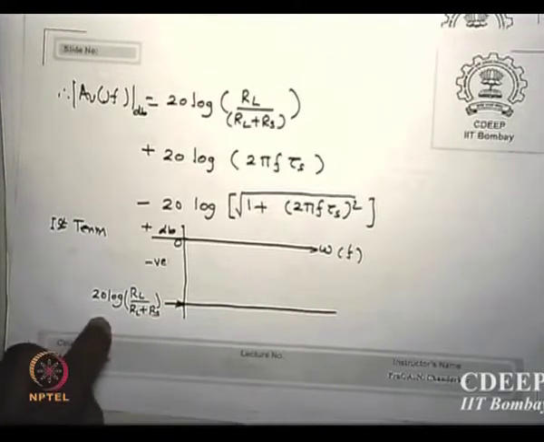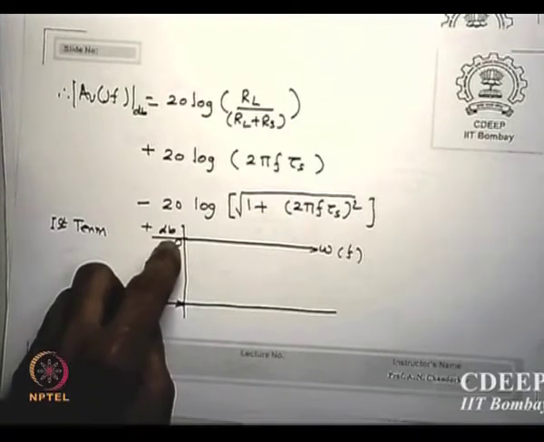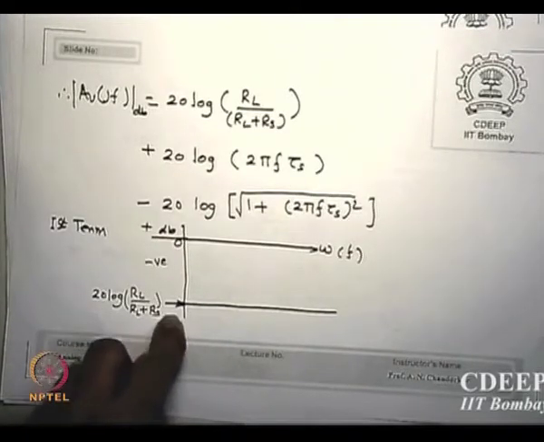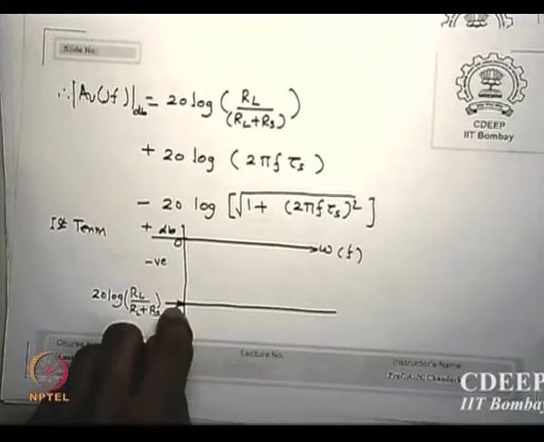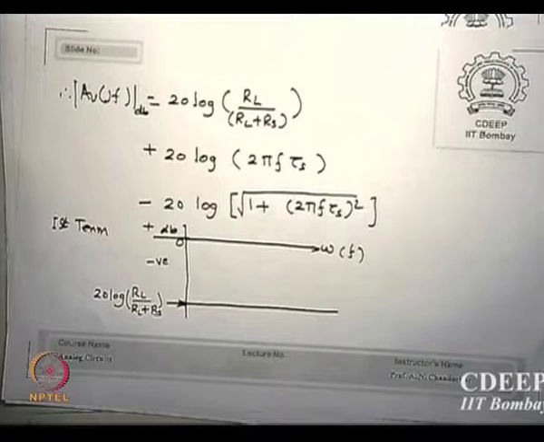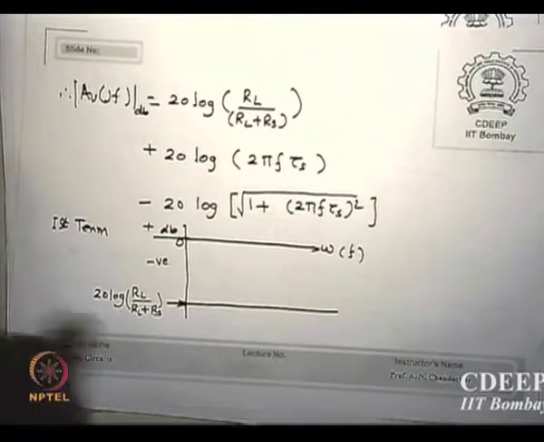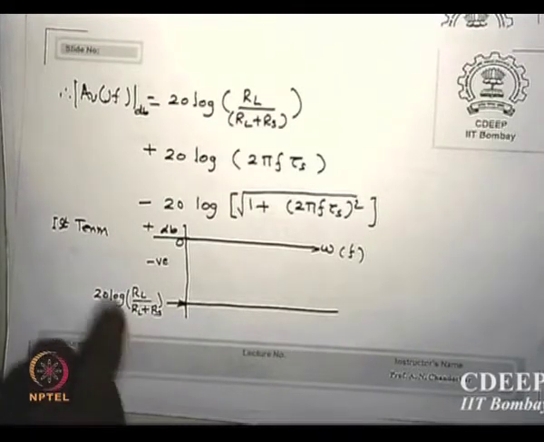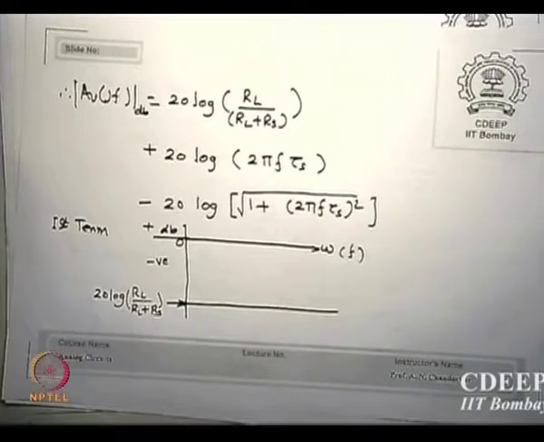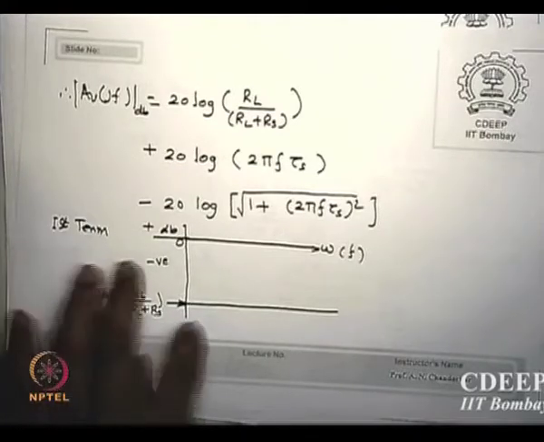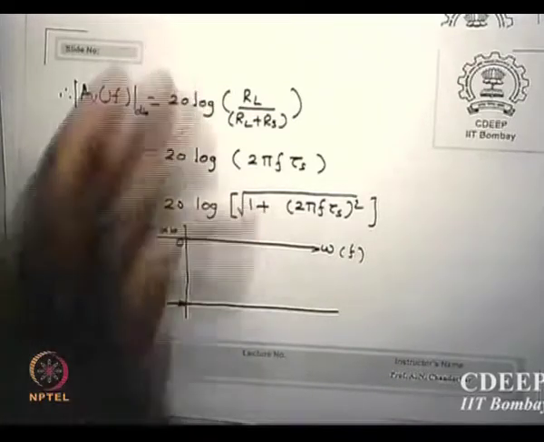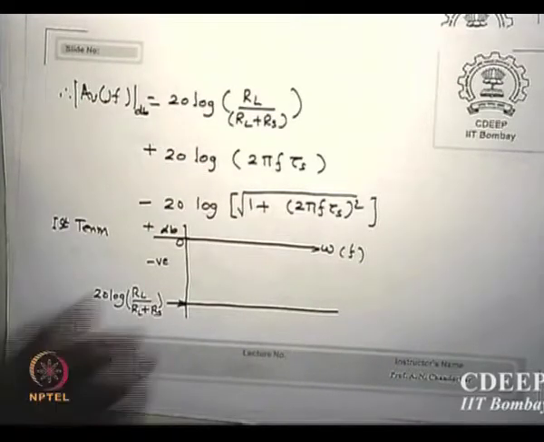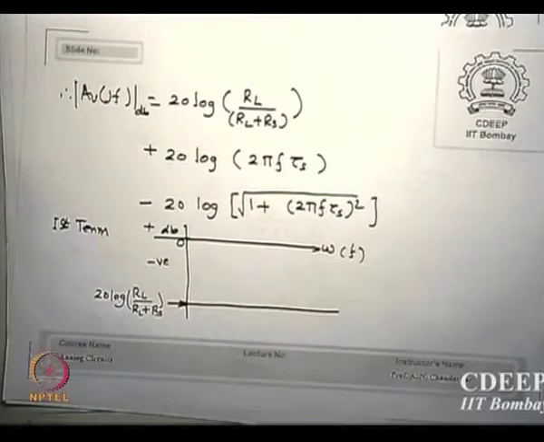So from 0 dB, it will be some minus value, which is 20 log of RL upon RL plus RS, depending on the ratio of RL and RL plus RS. Please remember why minus, because the denominator is higher than the numerator. But this is always constant, because there is no term in this which is frequency dependent. So this remains constant. Is that correct?